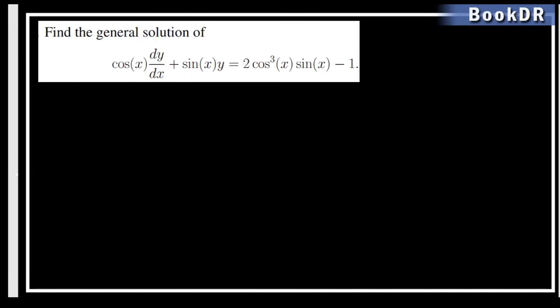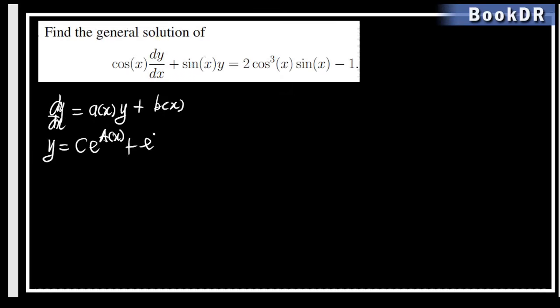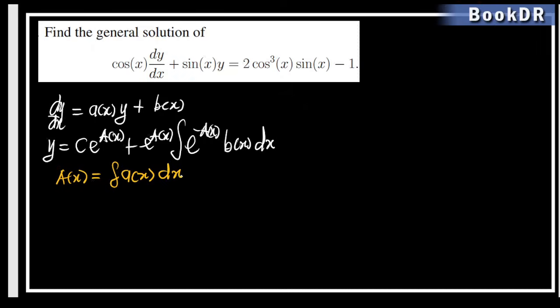A first-order linear ordinary differential equation with variable coefficient of the form dy/dx = a(x) y + b(x) has the solution y = C e^{A(x)} + e^{A(x)} multiplying the integral of e^{−A(x)} multiplying the function b(x) dx, where capital A(x) is equal to the integration of the small a(x) with respect to x.